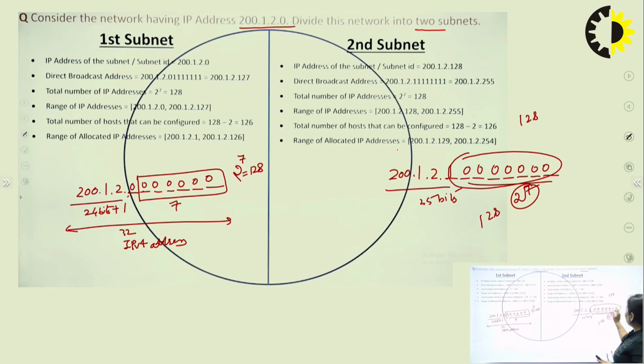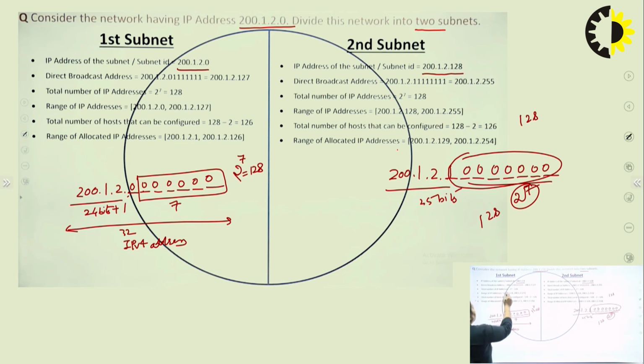This is the binary of 128. So what would be the first IP address? Your first IP address of the second subnet is 200.1.2.128, and for the first subnet it would be 200.1.2.0.